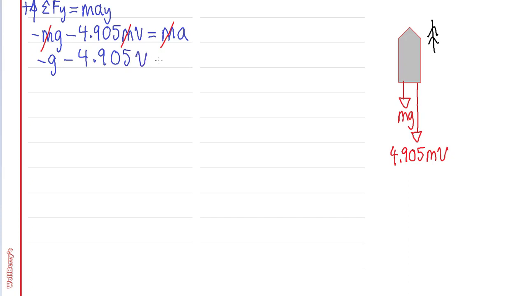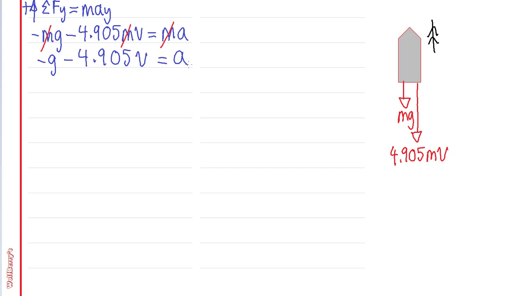4.905 v equals a. Now in previous videos, I've said there are two ways to write a. a is either dv over dt, the change in velocity with respect to time, or it's v dv over dx. If you want to see how we get the v dv over dx, visit one of my previous videos. In this question, you can see that it wants the final equation in the form v dv over dx.